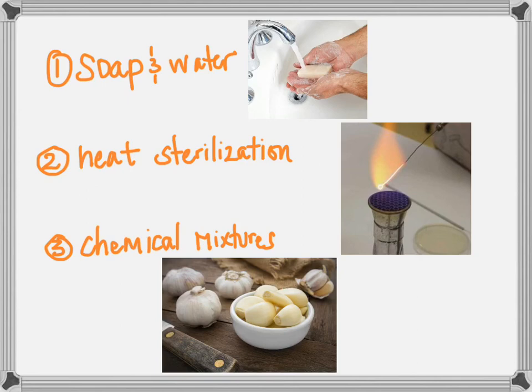But some substances, like garlic juice, have hundreds of active chemicals in them, many of which seem to kill bacteria. With a mixture like this, if one thing doesn't kill them, it's almost certain that something else will. Though I will say, you may not want to smear yourself with garlic juice. It might have an impact on your social life.